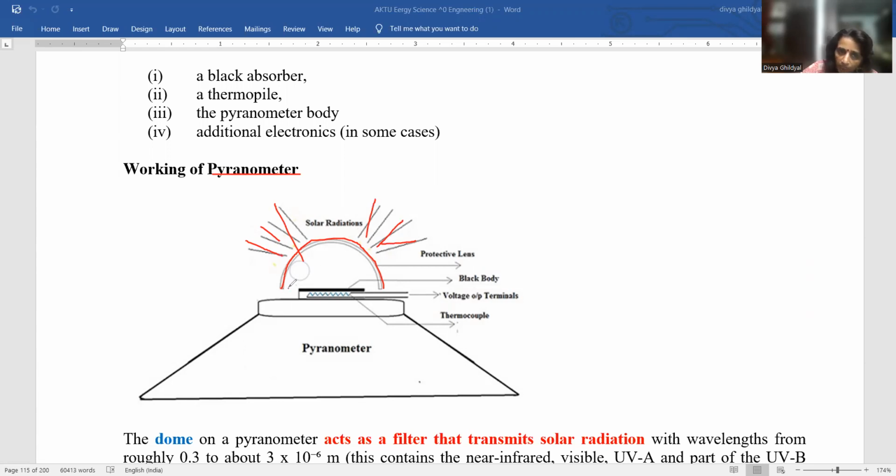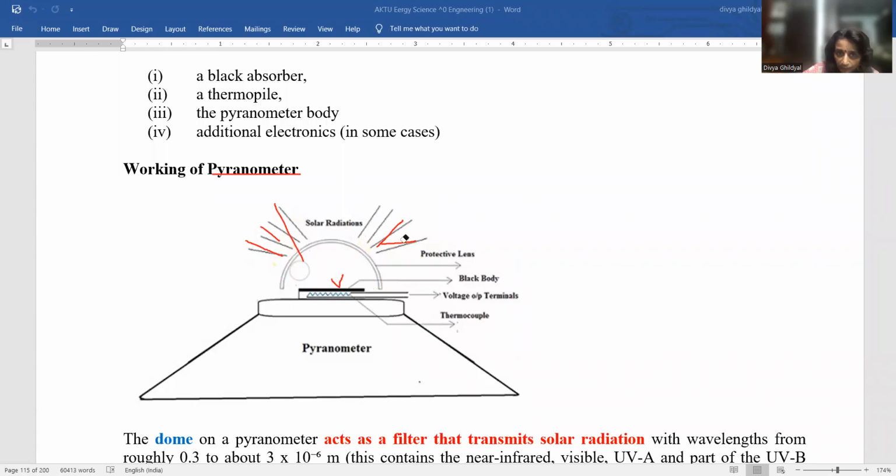And the more filtered layers I put on it, they absorb all the pollution particles, they absorb whatever I do not require, and the filtered ones reach my apparatus. See, the dome, the semicircle on a pyranometer, is acting as a filter that transmits solar radiation with wavelengths as per my requirement.